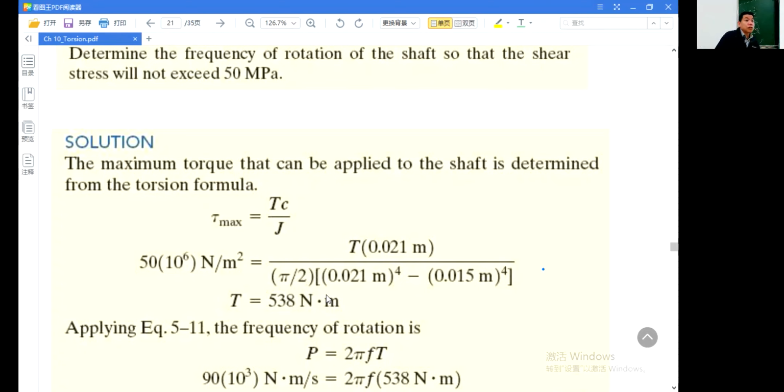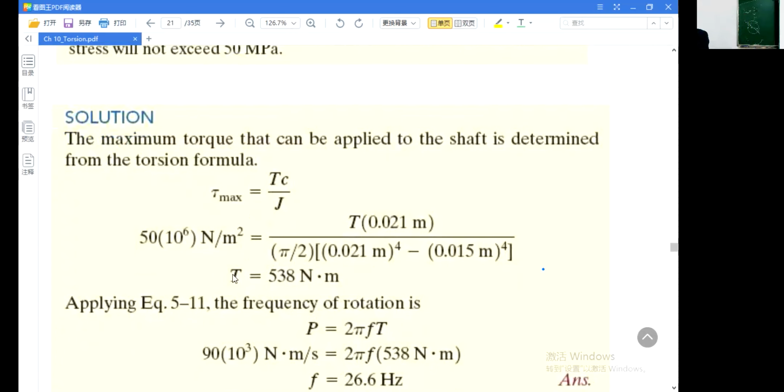We introduced this in the last lecture: the shear stress is proportional to the distance from the point to the center. So we can find the T.